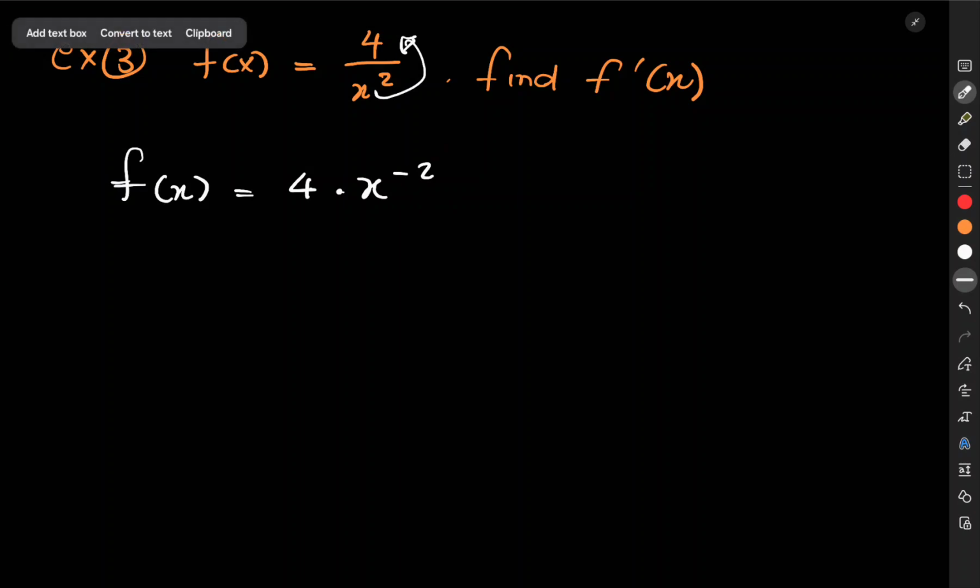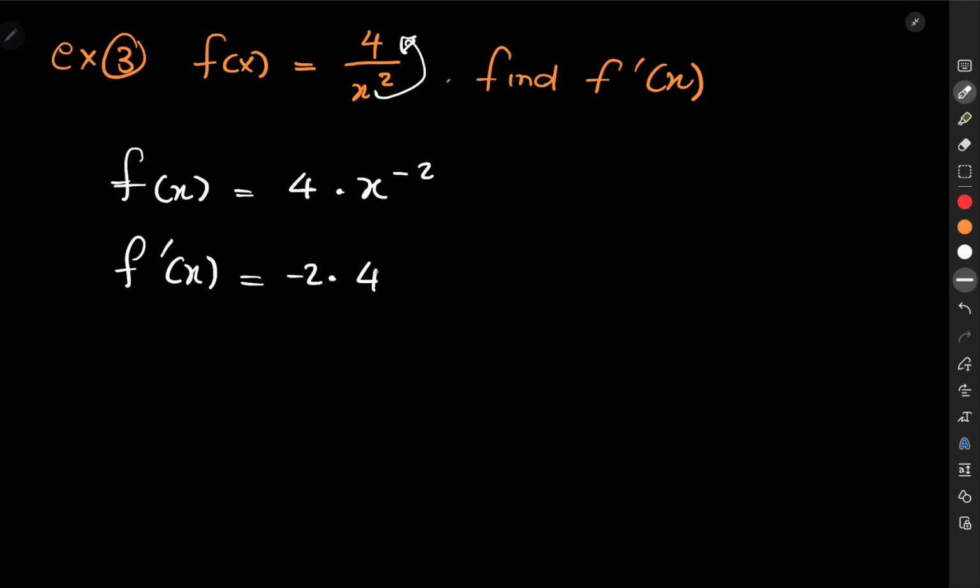So now that we have that, if we derive, what we're going to have is negative 2 multiplied by 4, x to the power of minus 2 minus 1. And if we simplify that, we have minus 8, which is formed by negative 2 multiplied by 4, and x to the power of negative 3.